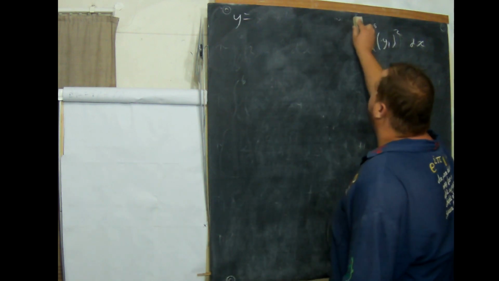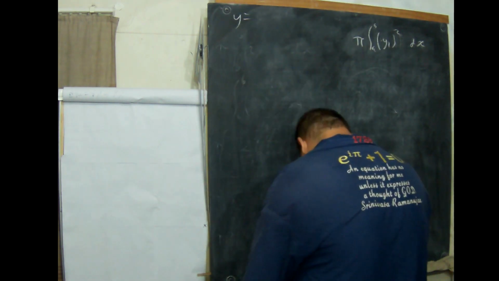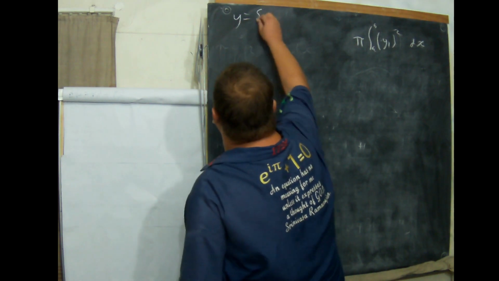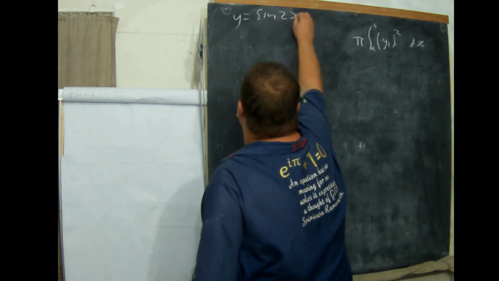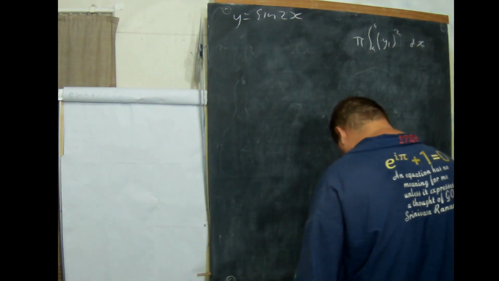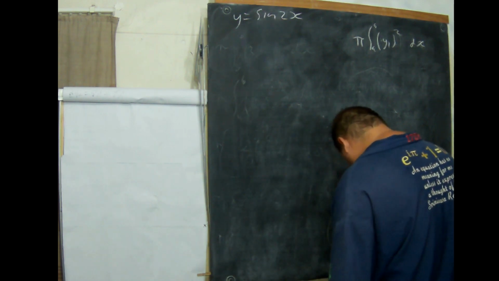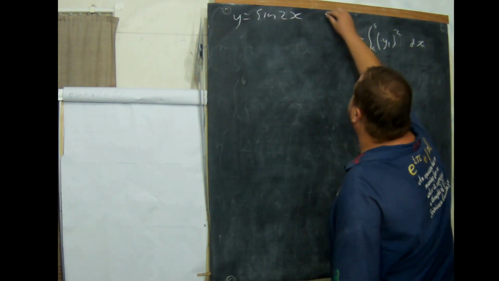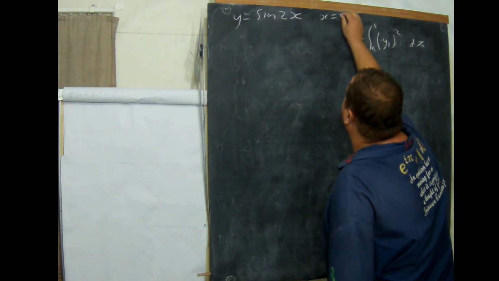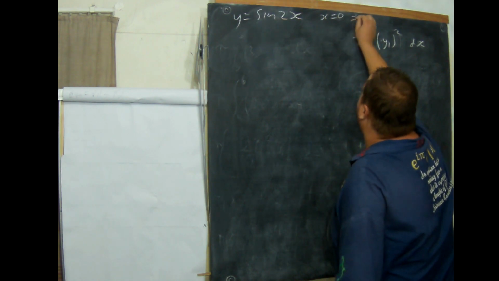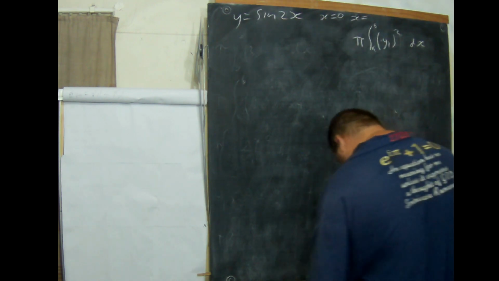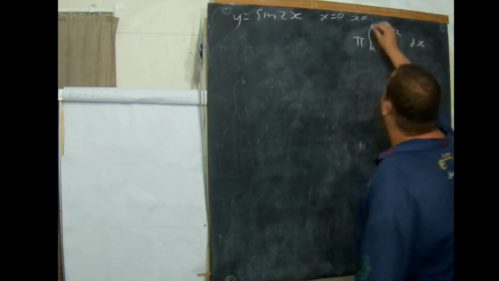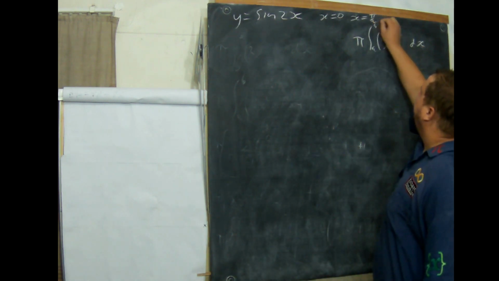Okay, the next one is y is sine 2x. This is x equals 0 and x equals pi over 2.